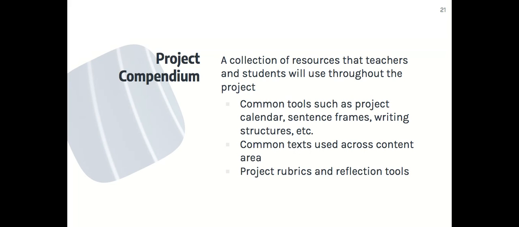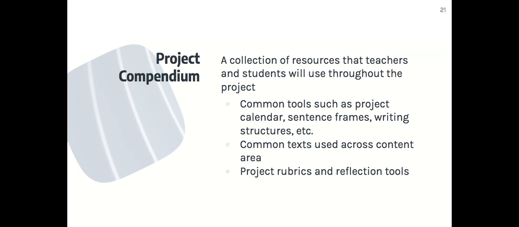So the nice thing about students having a compendium, whether it's a digital compendium or it's in print, is they're using it in all of their classes. And so they'll come into a class and maybe work with a text in English that they've just been working with in history.